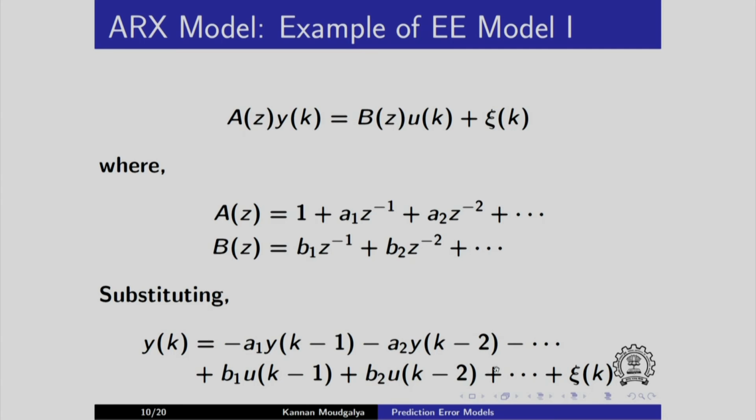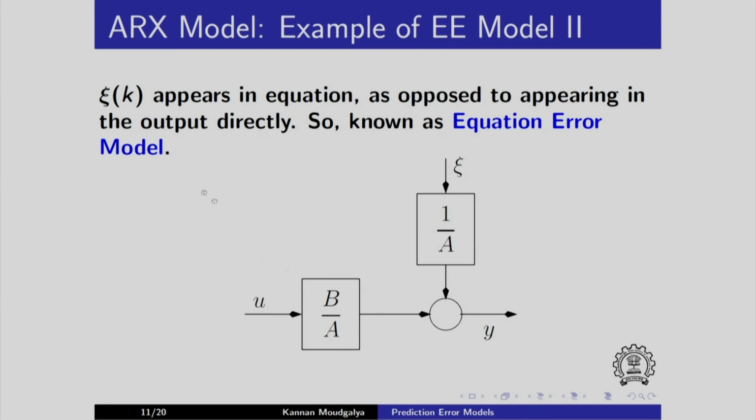So we call it an equation. So C(k) appears in the equation as opposed to appearing in the output directly. So we call this an equation error model. These are some of the terminologies that arise frequently in the topic of identification.